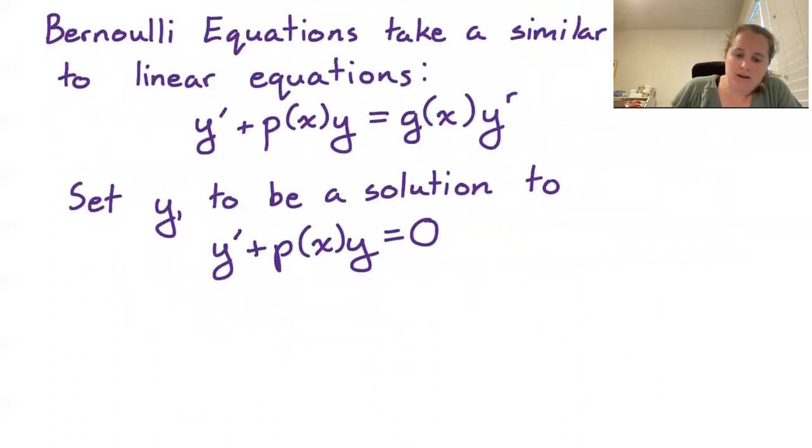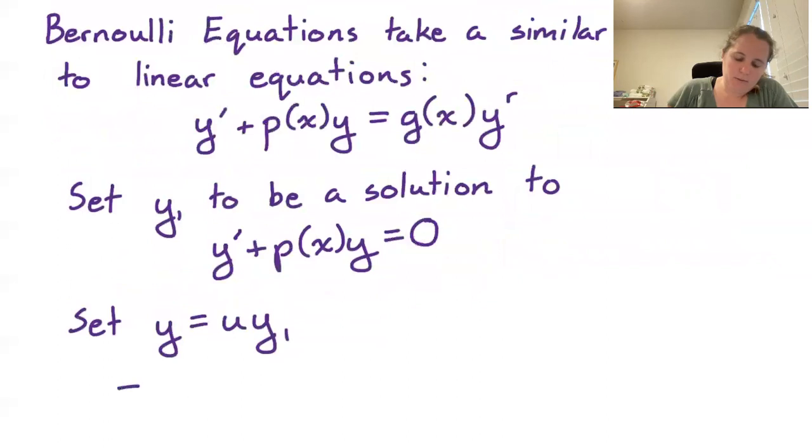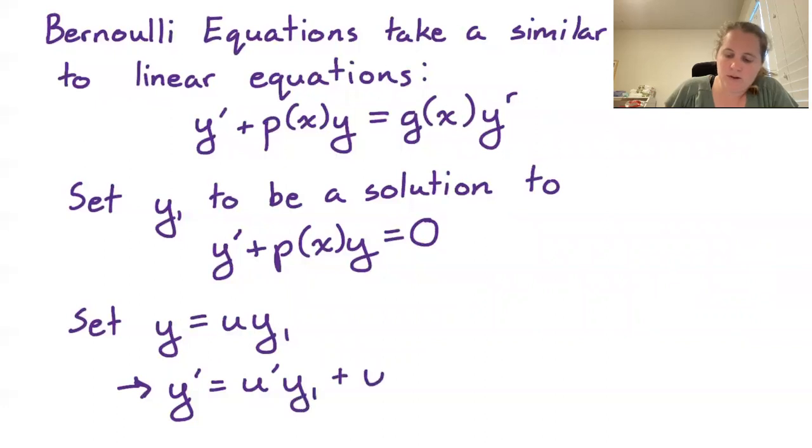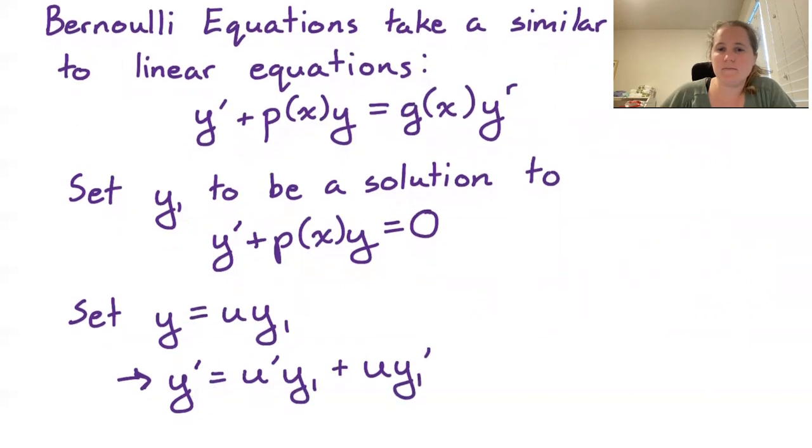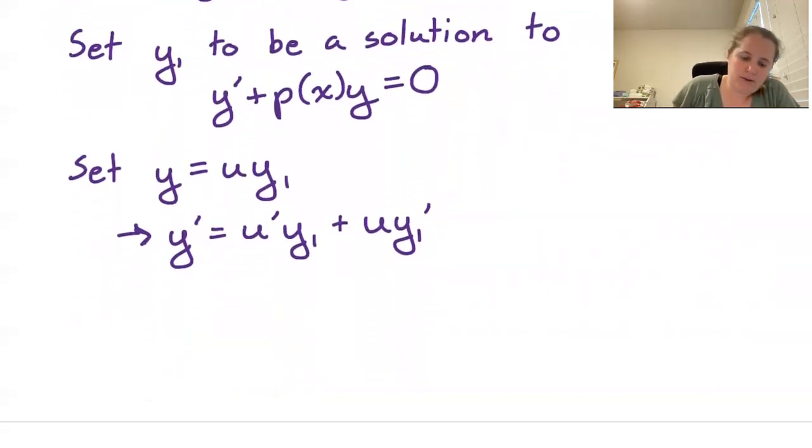And then now we'll set y equal to u times y1. So then we have y prime is equal to u prime y1 plus u times y1 prime. So now let's go ahead and plug into the original differential equation.